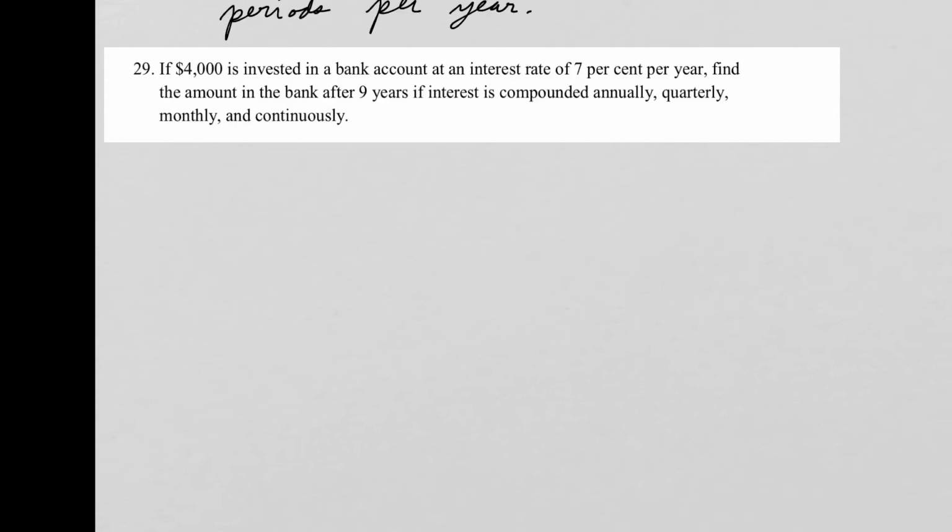I have the fact that A of t is equal to A times (1 plus r over k) to the kt. So let's do annually first.